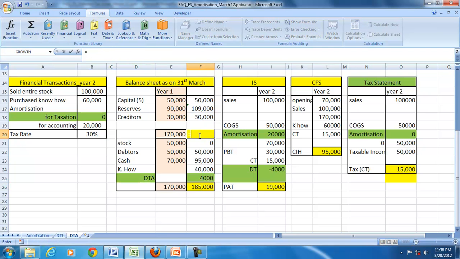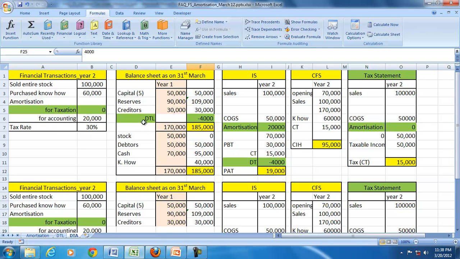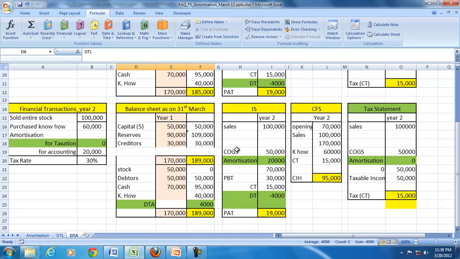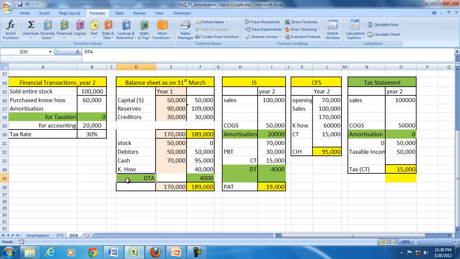The total of the balance sheet will be 189, and the total of the asset side will be also 189. But observe that in this case we show deferred tax liability as negative, or we can show the deferred tax asset as 4,000.